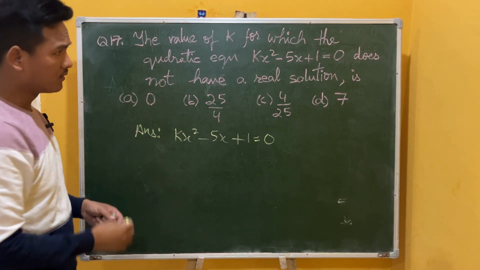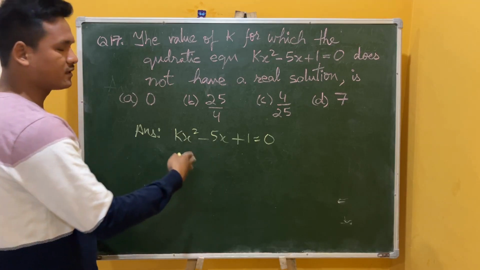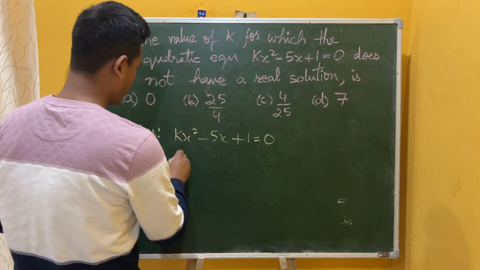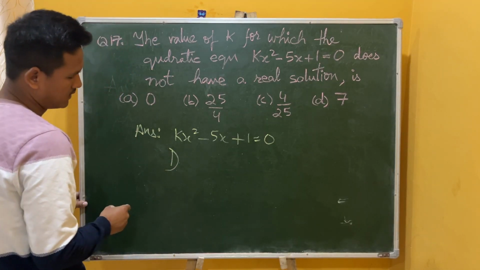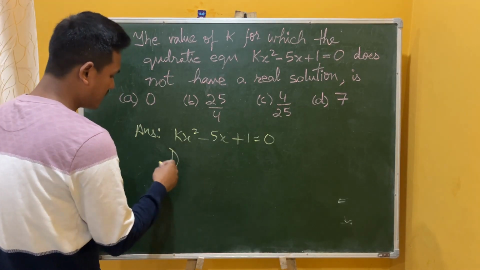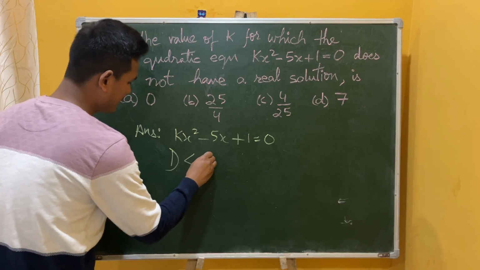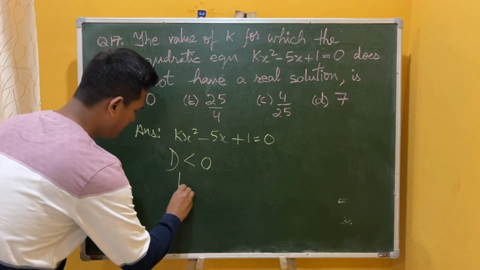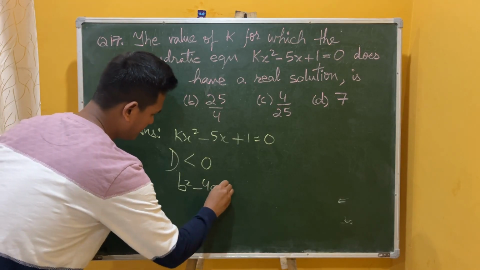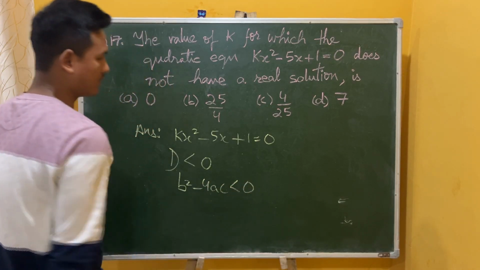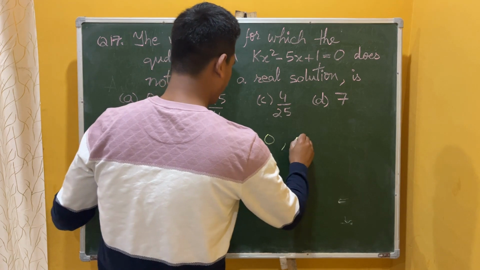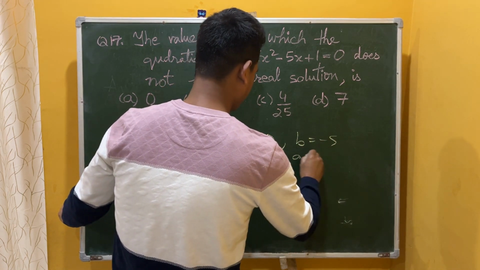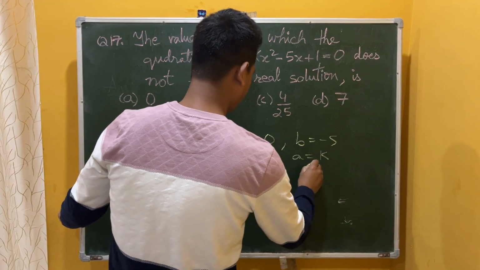Okay, so if the quadratic equation does not have a real solution, then you know what? The discriminant is less than 0. That means b square minus 4ac must be less than 0. So how much is b here? b is minus 5, a is k, and c is 1.